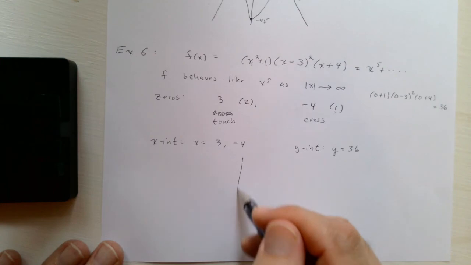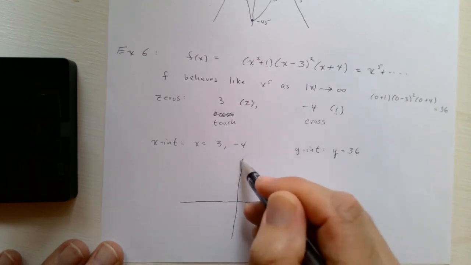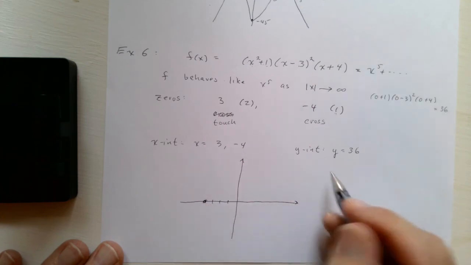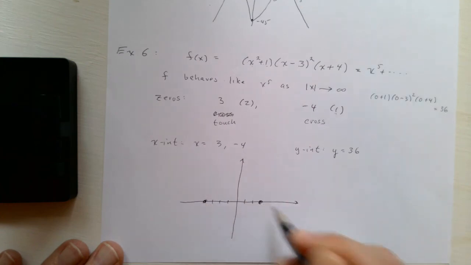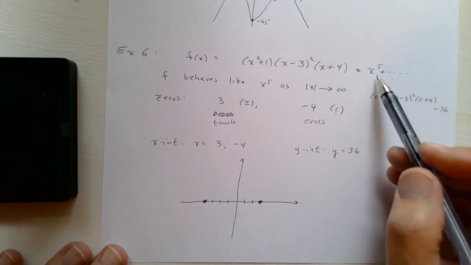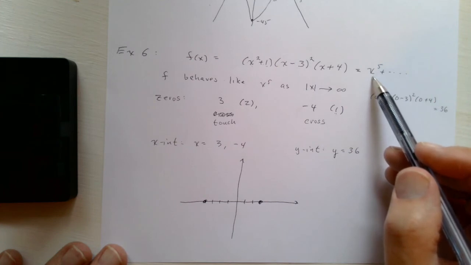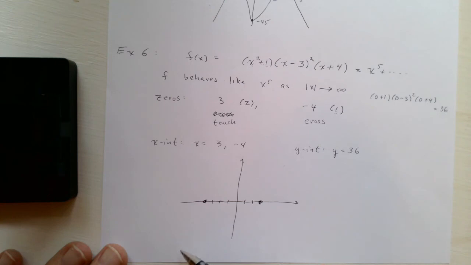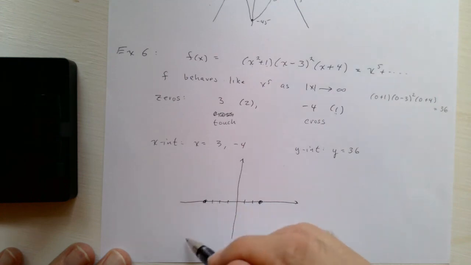Okay, if we plot our x-intercepts, there's negative 4. Here's 3. And because this behaves like x to the 5th, that means we're shooting up on the right, down on the left. So we are starting down here, and we are crossing at negative 4, right?